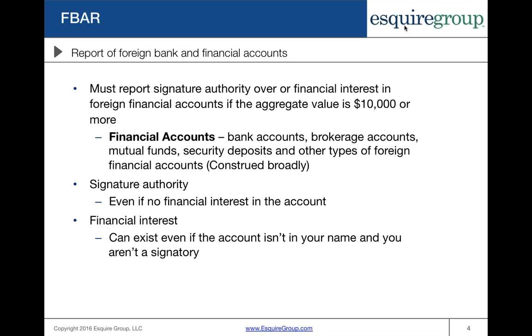So if you have signature authority over or a financial interest in foreign financial accounts, and the combined aggregate value is more than $10,000, that's what's going to trigger the FBAR filing requirement.